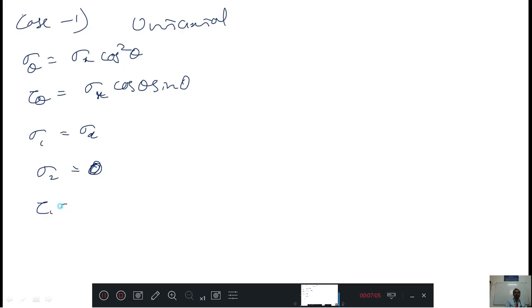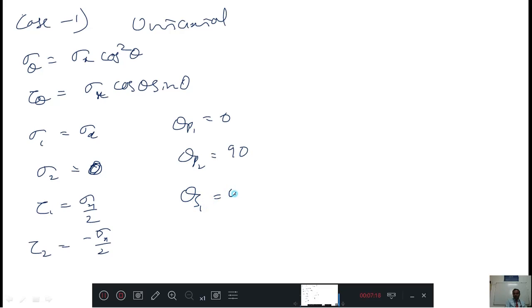Then tau 1 is sigma x by 2 and tau 2 is minus sigma x by 2. Then theta p1 is 0, theta p2 is 90, theta s1 is 45, theta s2 is 135. These are the data for case 1. Okay, now we'll go to case 2.